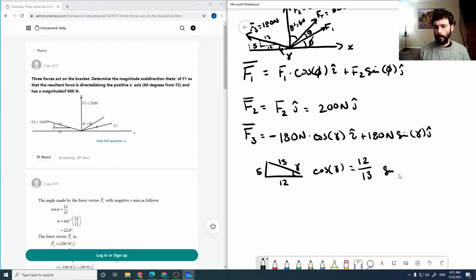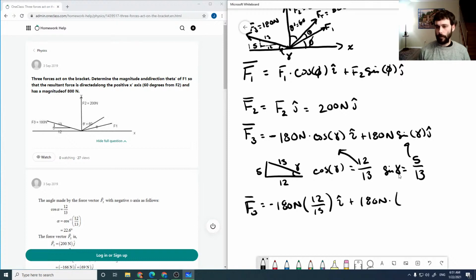And sine gamma is 5 over 13. So again, we could solve for gamma, but we actually already have our values. So F3 is minus 180 times 12 over 13 I hat plus 180 times 5 over 13. So we don't need to bother actually solving for the angle there.